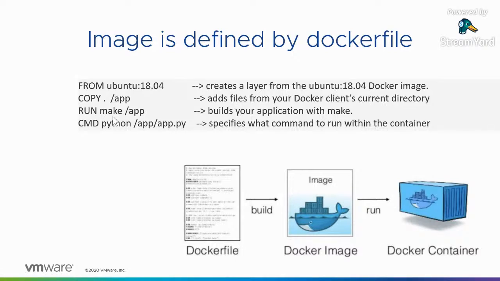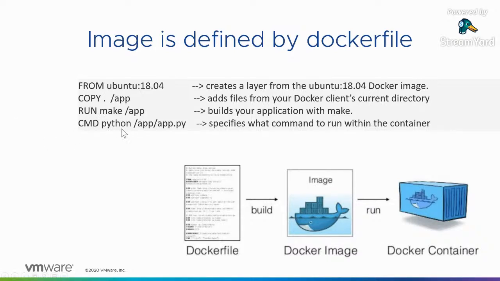We can have a Dockerfile run up to tens of lines or more than that. And the last line is the command. This command is nothing but the command which you want to run within the container. It can be something like send SMS, or it can be a task or a job which has to run. So you state the command.